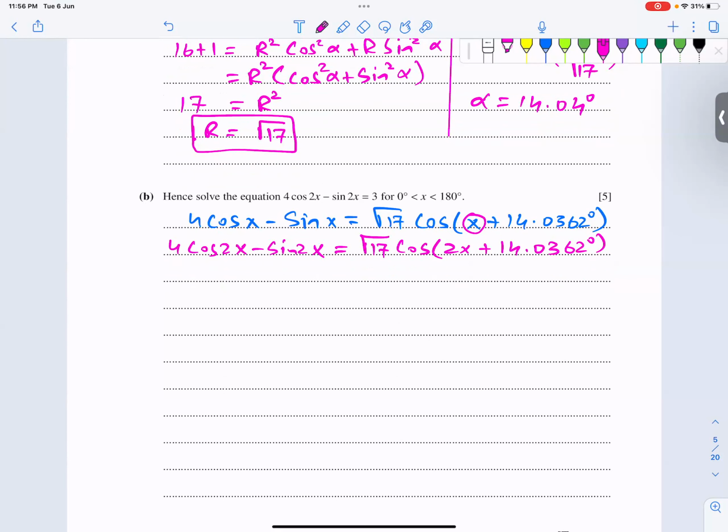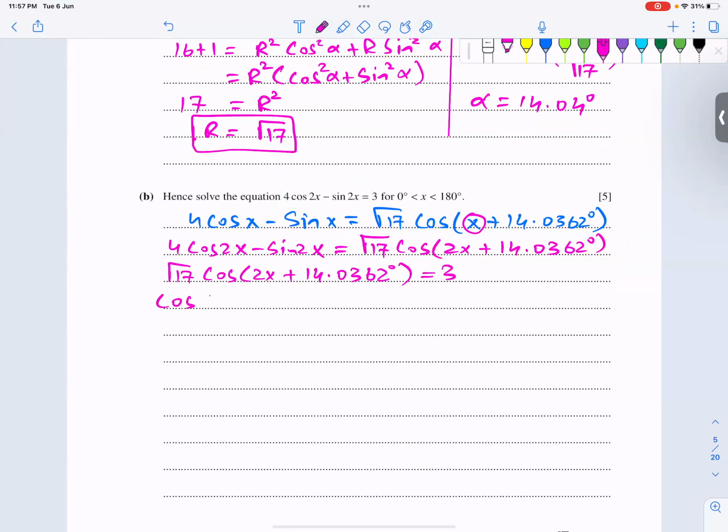As this is equal to 3, I can put this equal to 3 because 4 cos 2x minus sin 2x is equal to this one. So square root 17 cos of 2x plus 14.0362 degree is equal to 3.